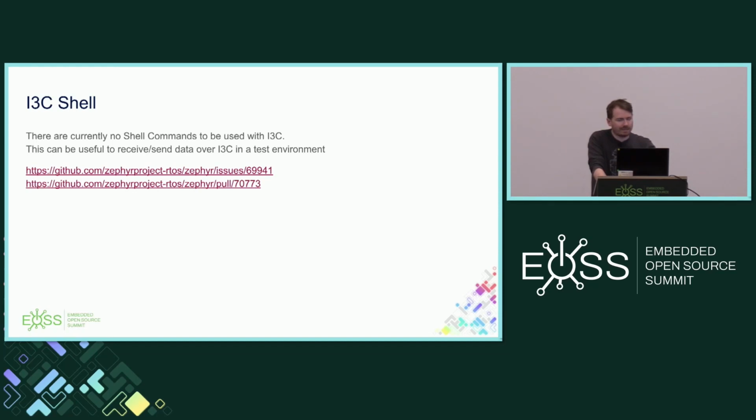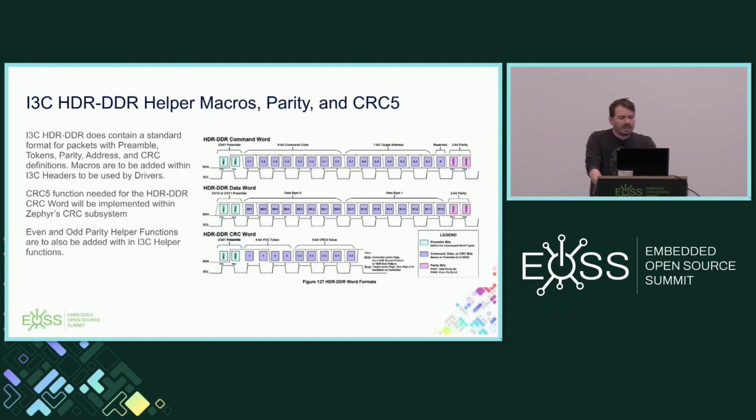I do have an open PR to give shell commands for I3C. This is very useful if you're developing a controller and want to test something, or if I have a new device I'm trying to bring up. I want to do arbitrary reads and writes of registers, or send a common command code, for example, to read some arbitrary value within it.